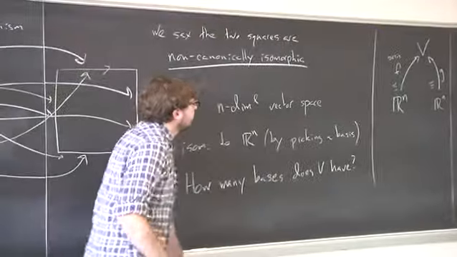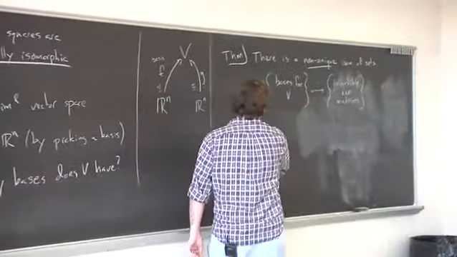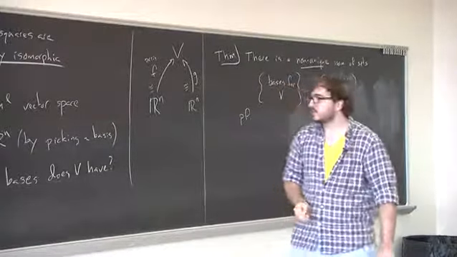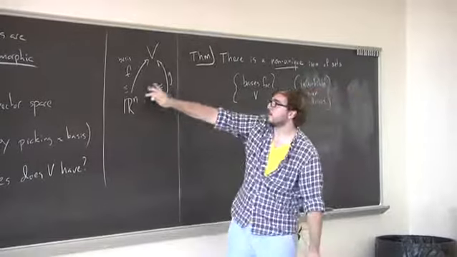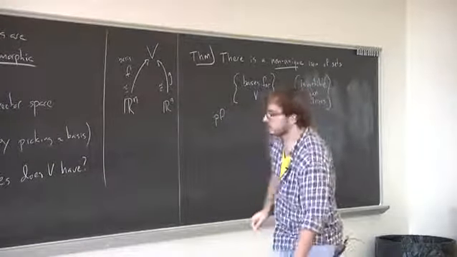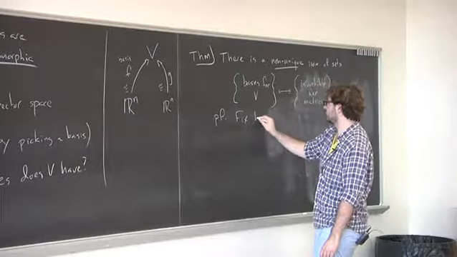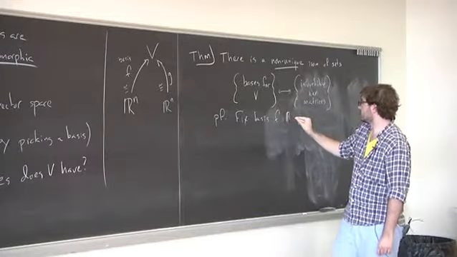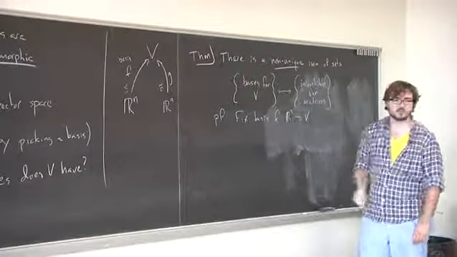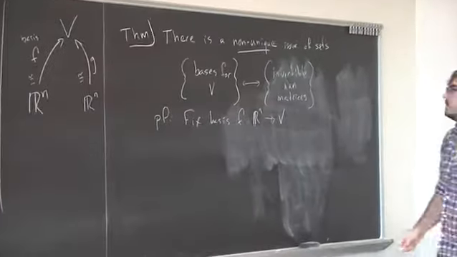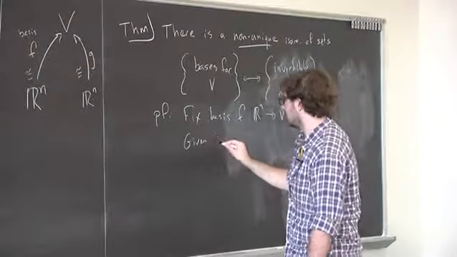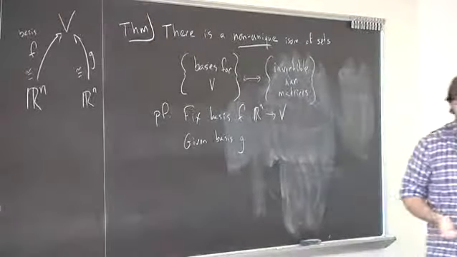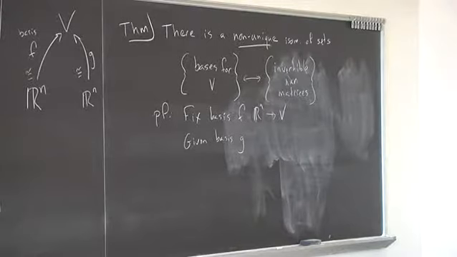Let's do a little sketch proof here, just to see exactly what's going on. A basis for V is a map like this. So let's fix a basis F, an isomorphism from Rn to V. Now, given another basis G, how am I going to produce an invertible n by n matrix, an automorphism of Rn?